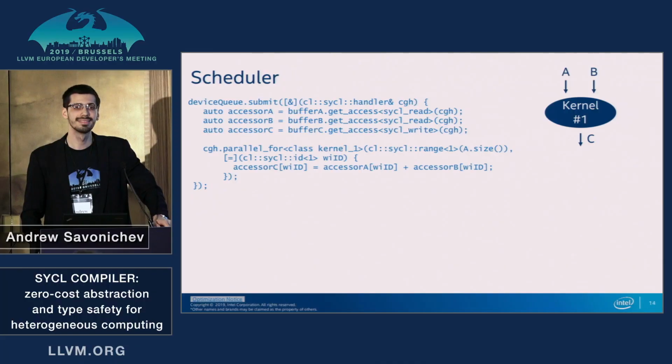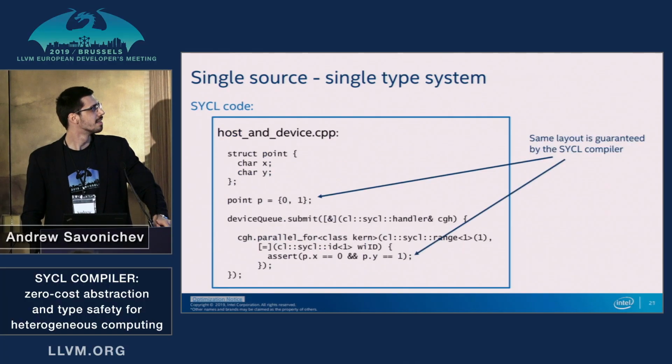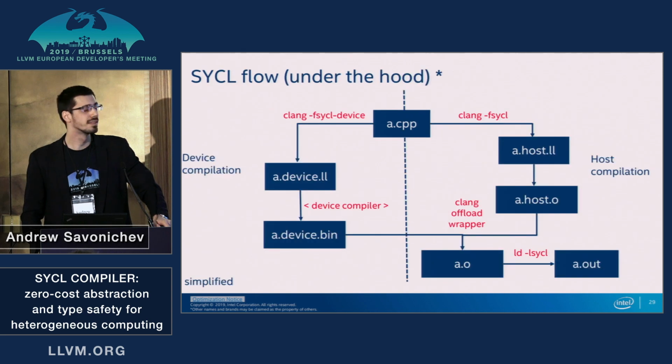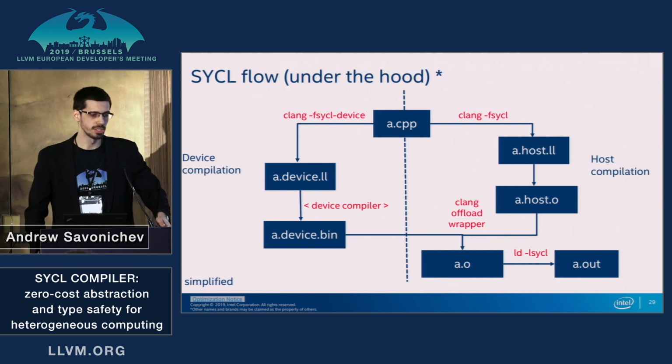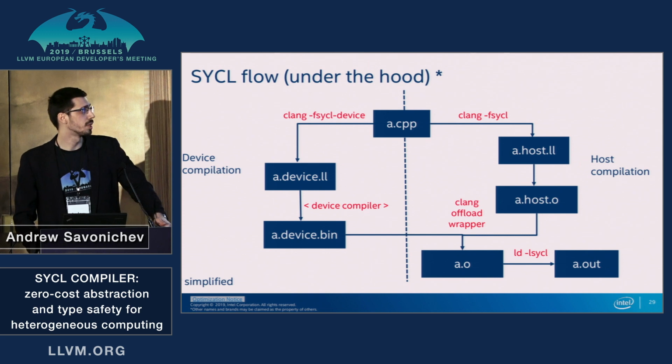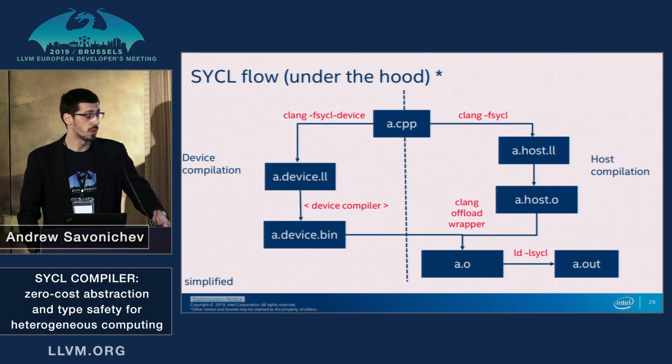On one of your slides, you've seen the invocation of Clang. It looks like it invokes Clang twice on the same source file. Yeah, so the entire parsing, etc., goes on the same source. Why not just have one invocation of Clang and emit two LL files? Okay, so the question is why we invoke Clang twice and not use the same compiler invocation to compile both the host and the device.